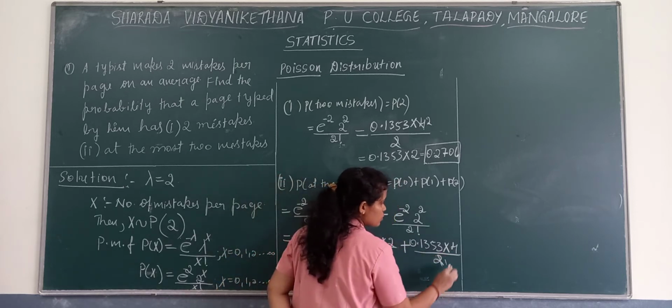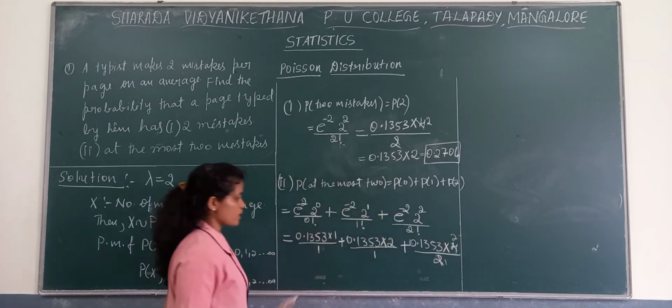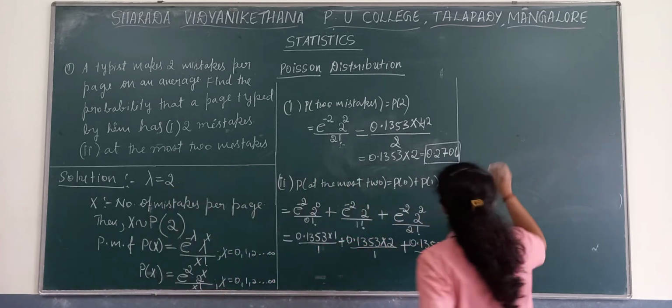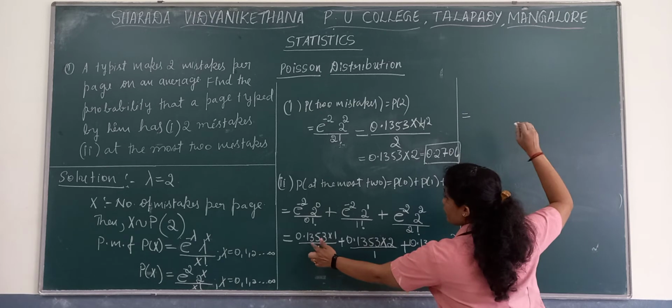Here again 2 ones are 2, 2 twos are 4. Now next comes, what remains here?